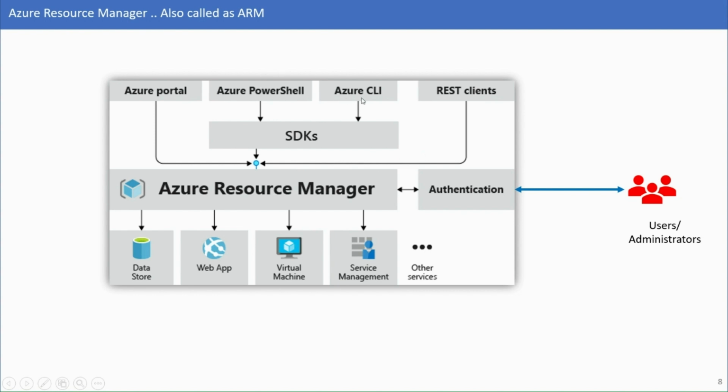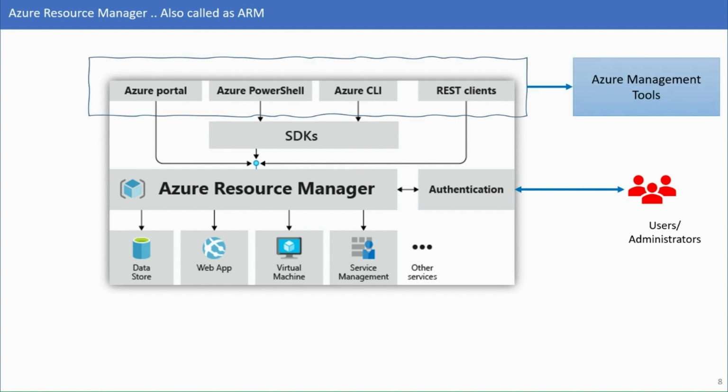See this Azure PowerShell and CLI, which stands for command line interface, connect to Azure Resource Manager using SDKs. Here in this diagram, we have the Azure portal, Azure CLI, PowerShell, and REST clients. They are part of the management tools using which you can play around with the IaC code or the template.